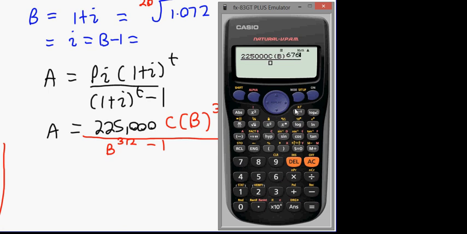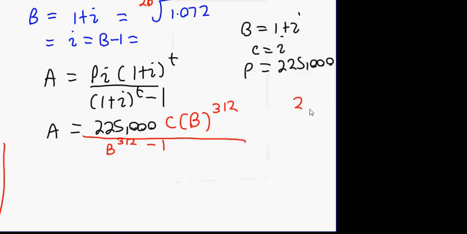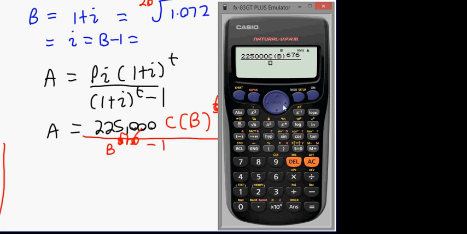Now where do we get this 676 from? Well, it's 26 years at 26 weeks, so that's going to be 676 this time around. This here is also going to be B to the power of 676 minus 1. And there we go, we get 720.69.